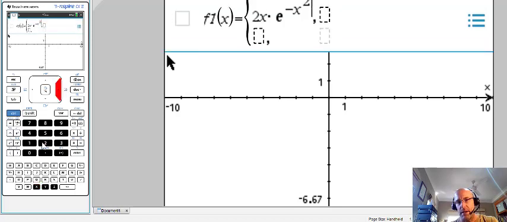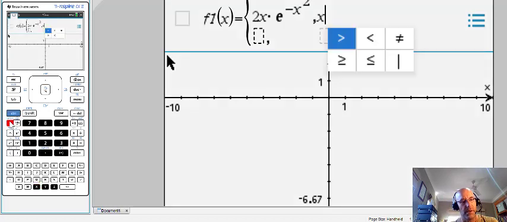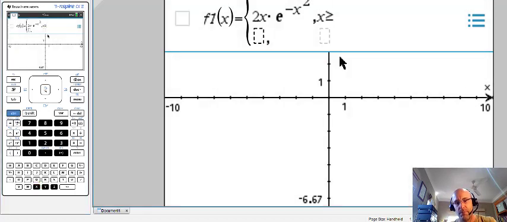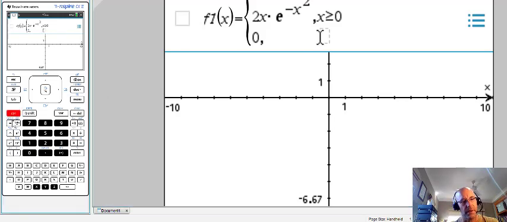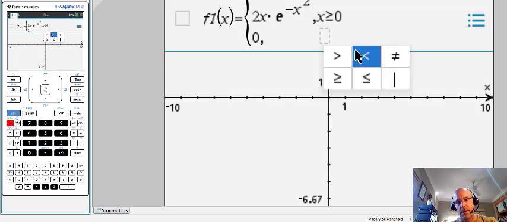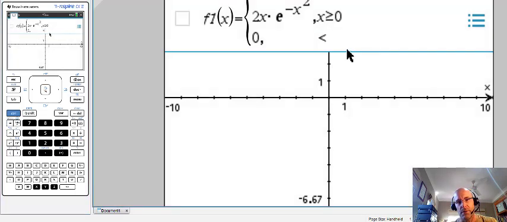Okay, and we have that as x is at least 0, and we can use our inequalities there if we want to, like so, and 0 else. So else works on this, or you could put x is less than 0, your choice. You could write the word else and it likes that, but I'm going to write this. Oops, and I forgot to type the x in. Never mind.